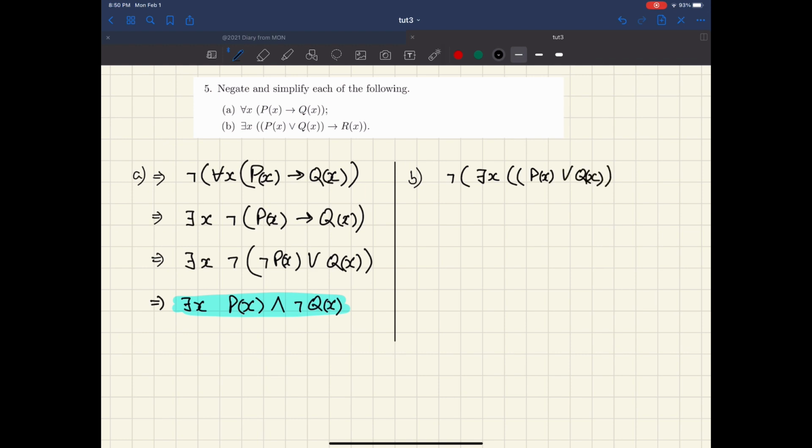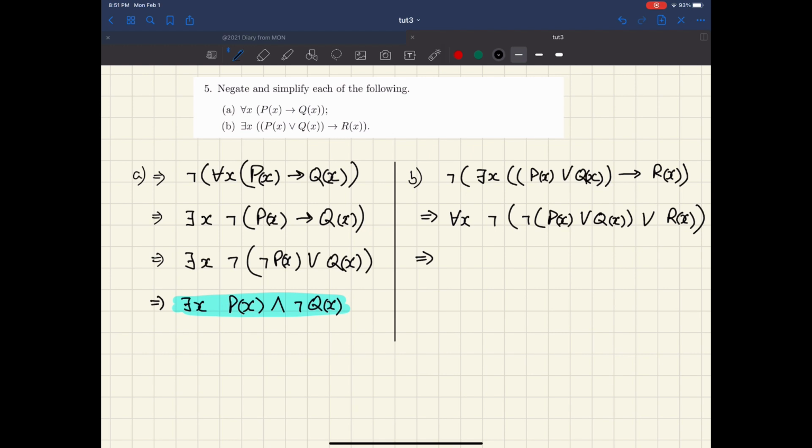Now again, opening the outer braces, your existential quantifier would become the universal quantifier, and it is for all x, not of, I am just using the definition of implication again. It would be not of P of x or Q of x, because that was on the left side of your implication, or R of x.